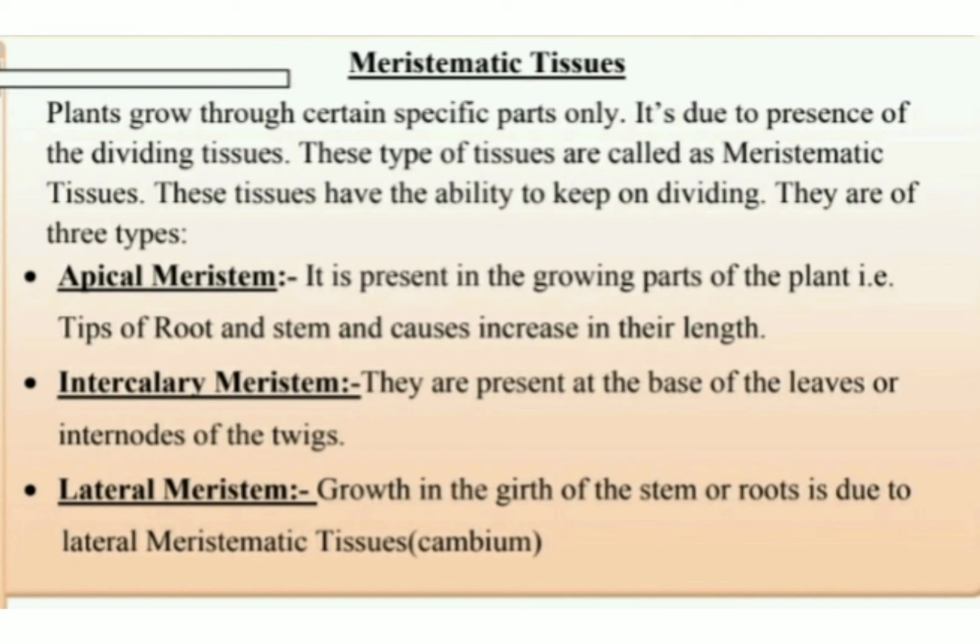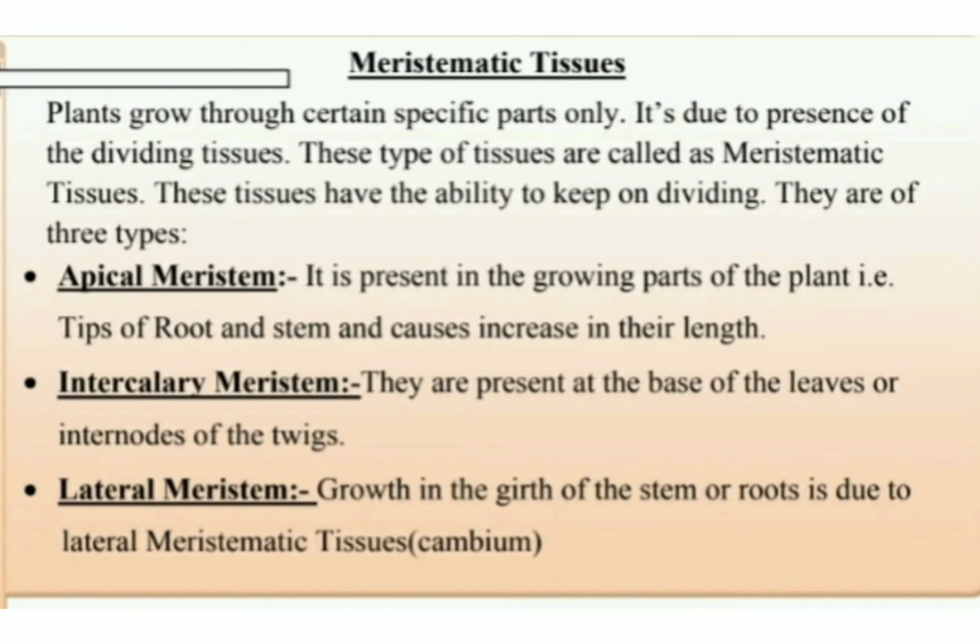Apical meristem is present at the growing tips of the plants, that is at the tip of root and stem, and thus helps in the increase in the length of the plant. Second is the intercalary meristem, which is present at the base of the leaves or internodes of the twigs and helps in the growth of that particular region.